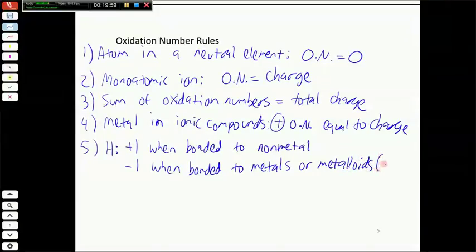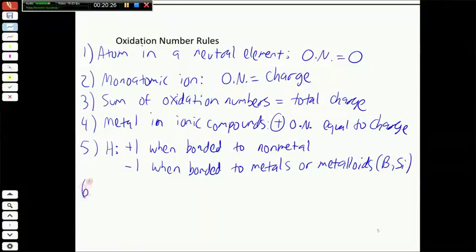The metalloids primarily being boron and silicon that hydrogen would bond to. So if you have BH3, boron trihydride would be one way to name that, or borane is the common name. In that compound, because the central atom is a metalloid, hydrogen would be -1 oxidation number. So hydrogen is almost always +1, but there are rare examples with metals and metalloids where hydrogen is -1.